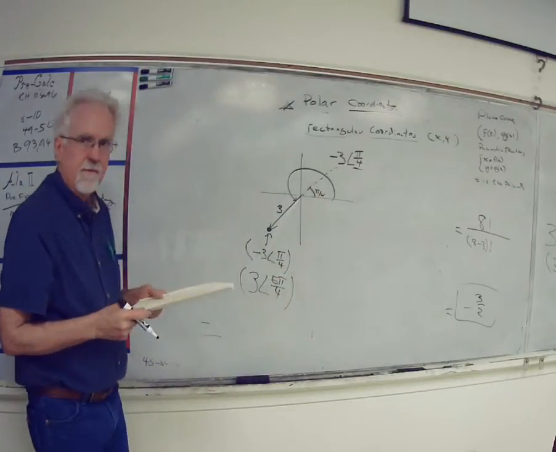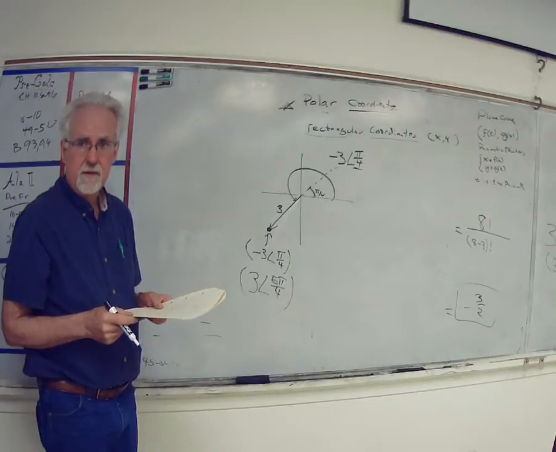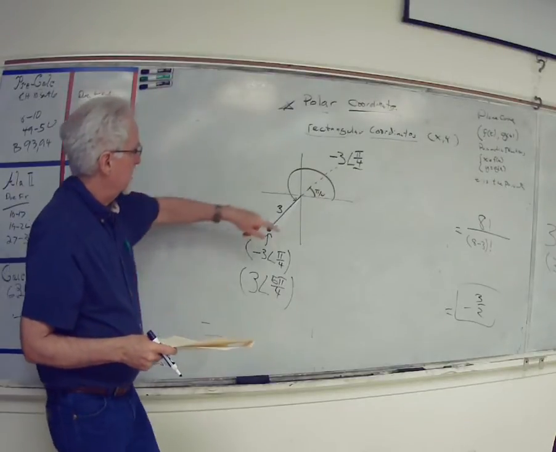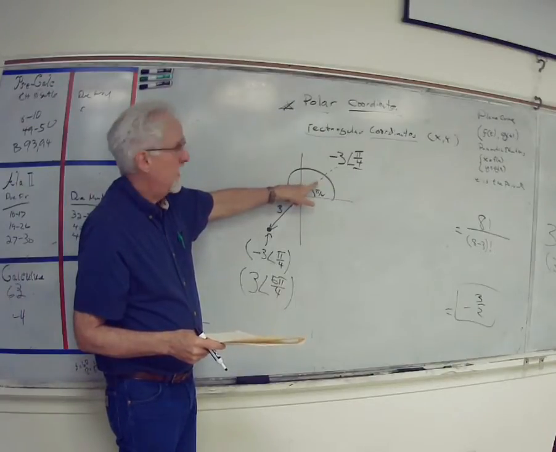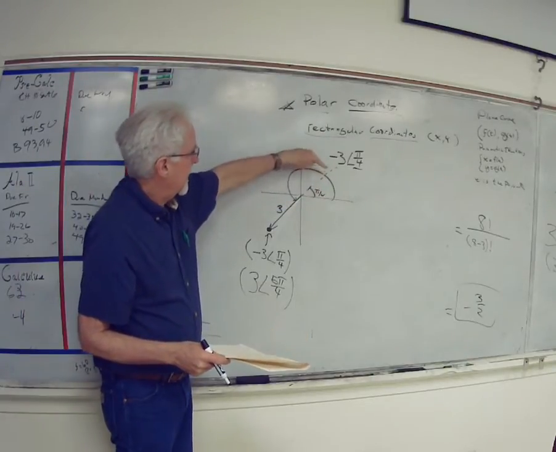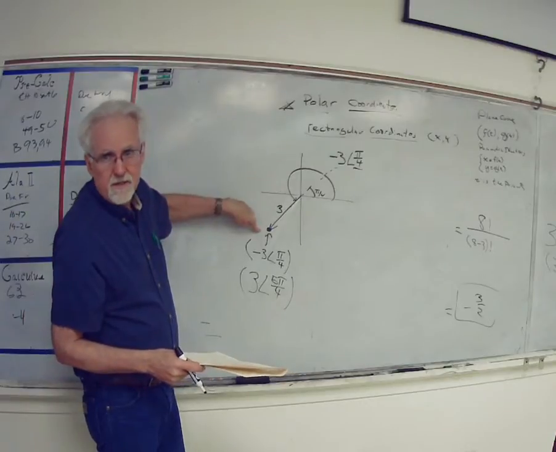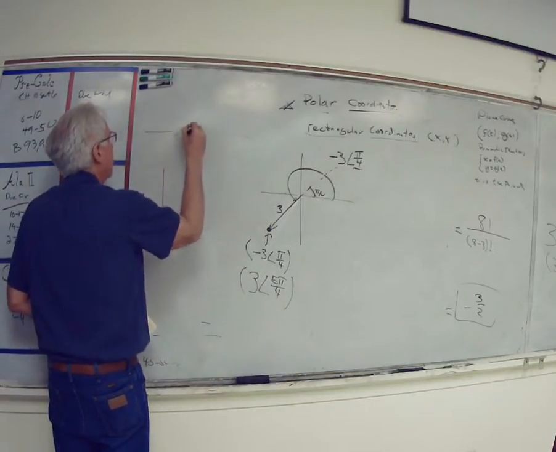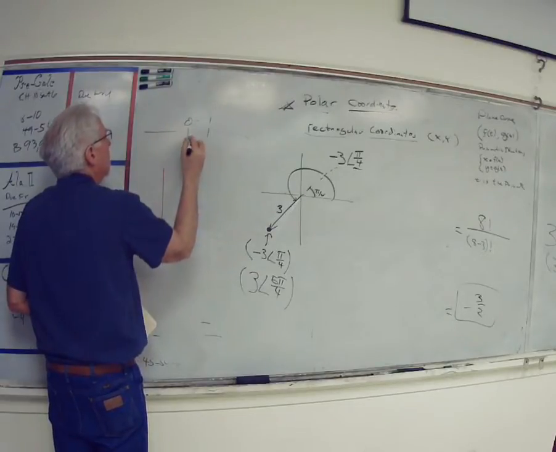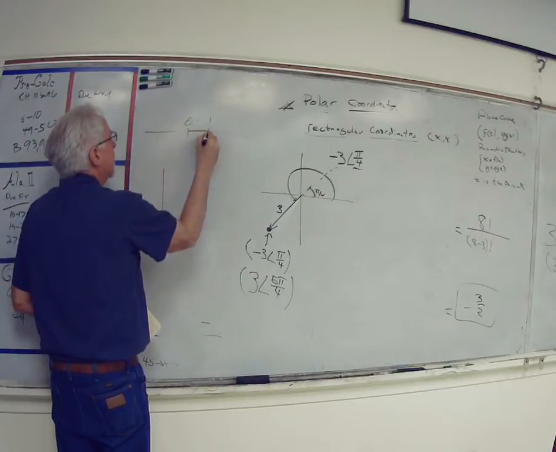Does that make sense? Okay. So I come up to pi over 4, right? And what does the negative do? I got to go the other direction. Yes, sir. And think about it this way, right? This is the number line. Positive 1 goes here.